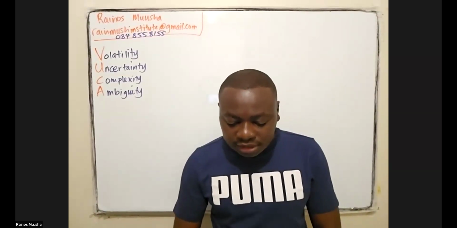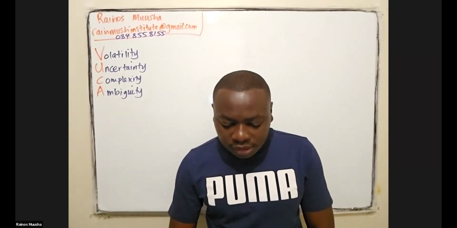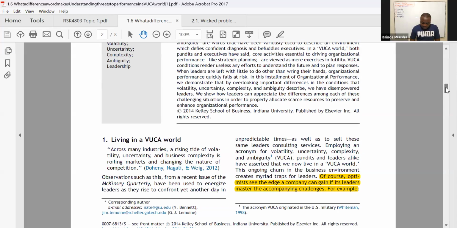Now, if you go back to the article, I'll go through the highlighted sections. So in section 1, where we look at living in a VUCA world, they say, of course, optimists see the edge of a company to gain if its leaders master the accompanying challenges.